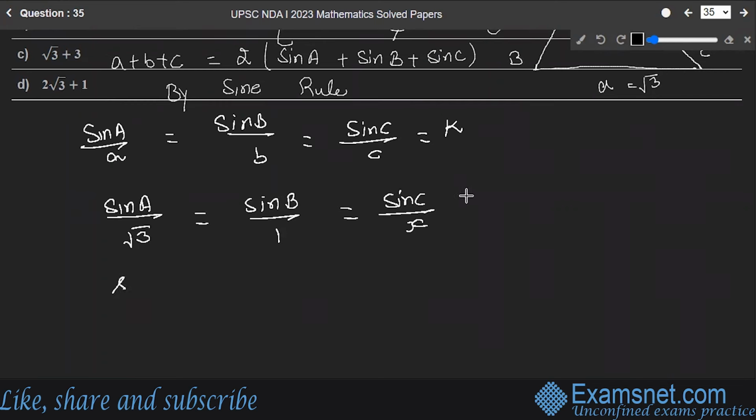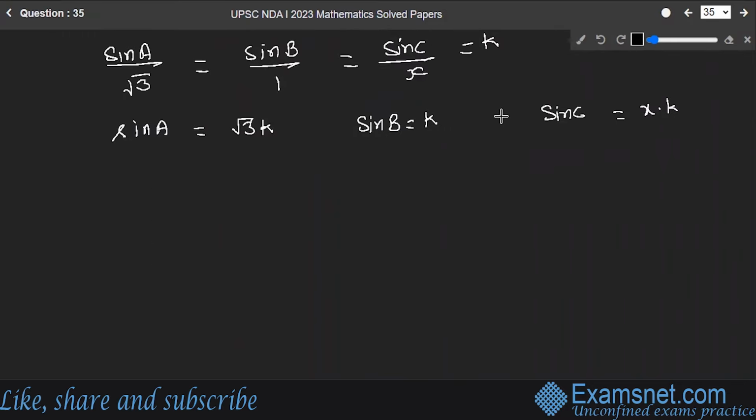So sin A is equal to root 3 k, sin B is equal to k, and sin C is equal to xk.